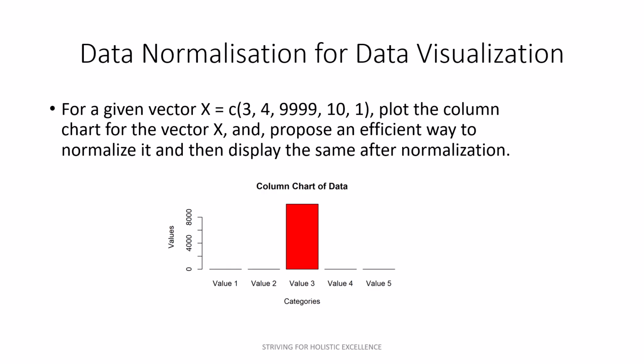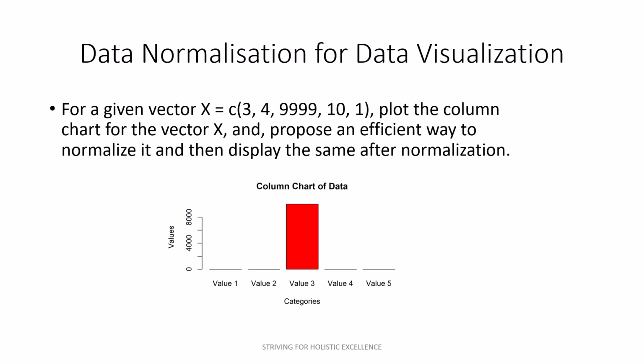If you just simply plot this in the XY graph, you would be getting a very big column. If you're going for a column chart, you'll be getting value for the 4 nines, but 3, 4, 10, 1, it won't be in a visualizable format. So you cannot even see whether 3, 4, 10 and 1 is there in the data.